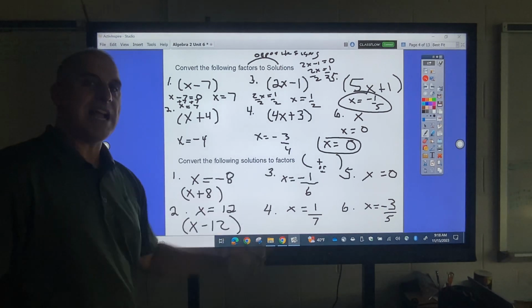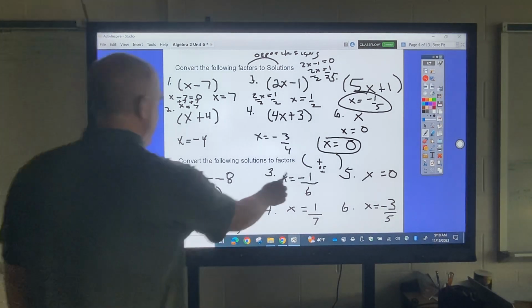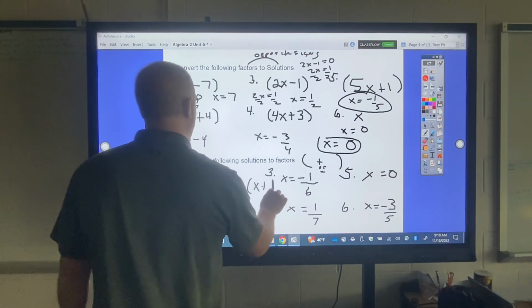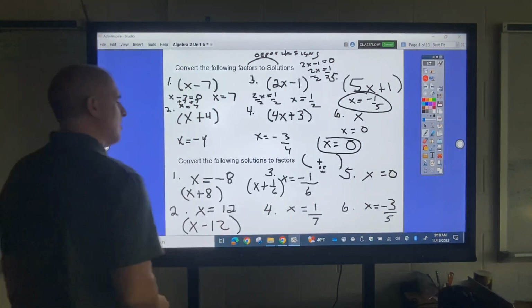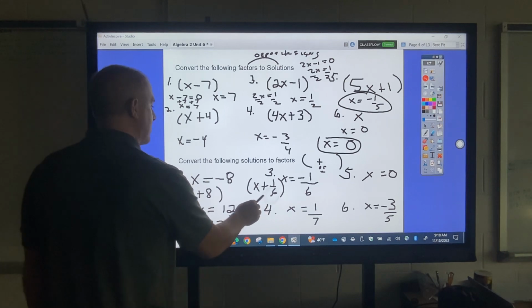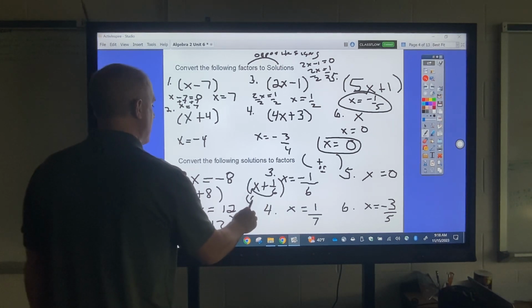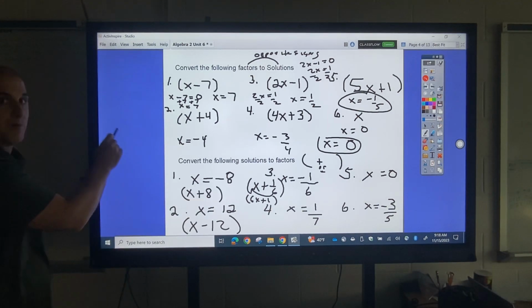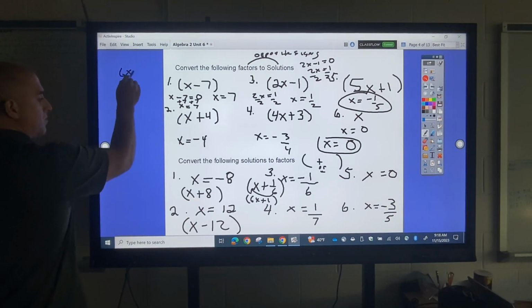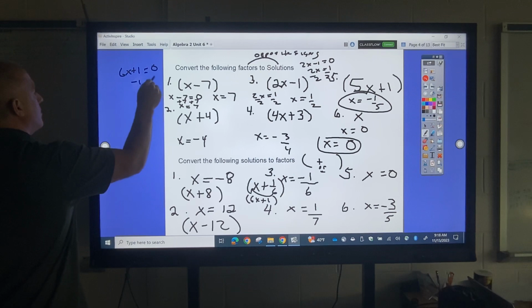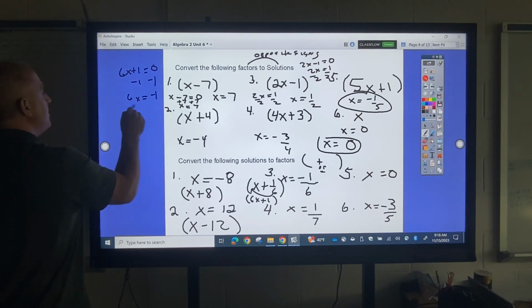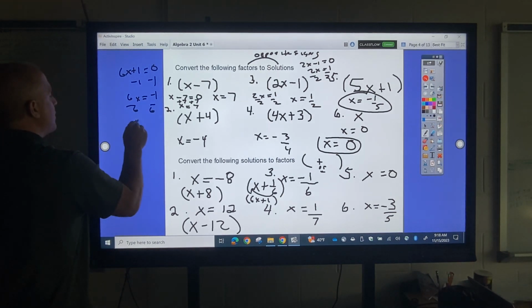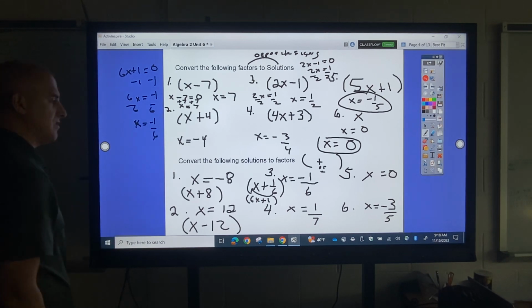Now, for the fraction ones, this would be x plus 1/6. Now, we don't really like to write it like that, so we move that 6 there. So that's 6x plus 1. And if you wanted to see what that looked like, 6x plus 1 equaling 0. This is a little bit of mental math that will speed up the process for you.